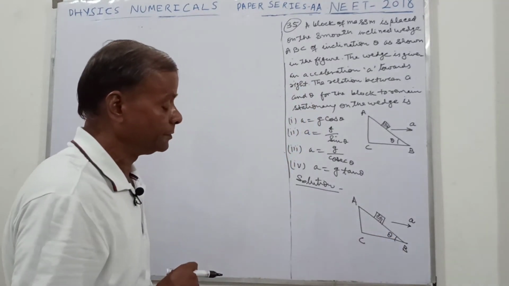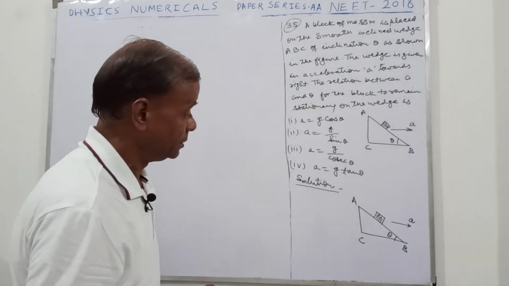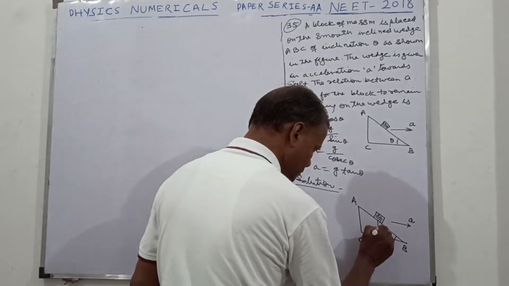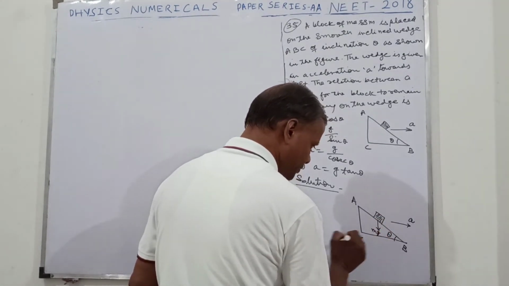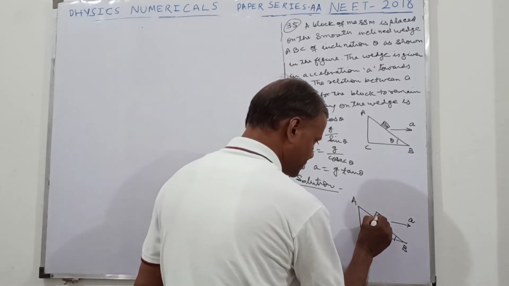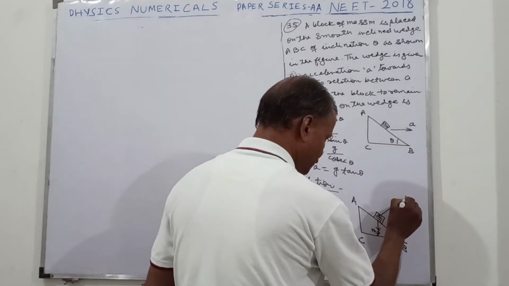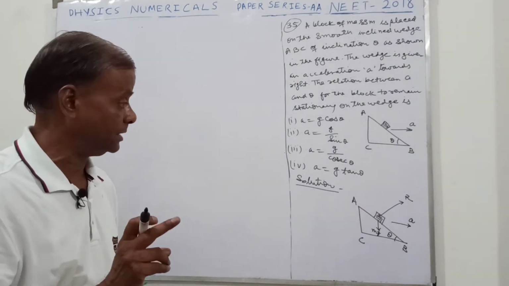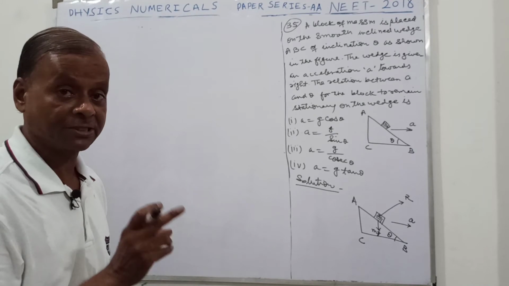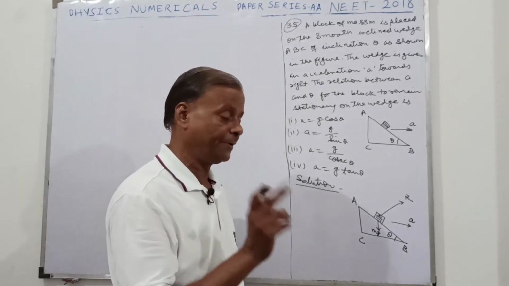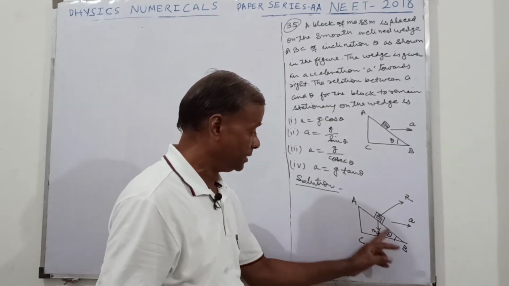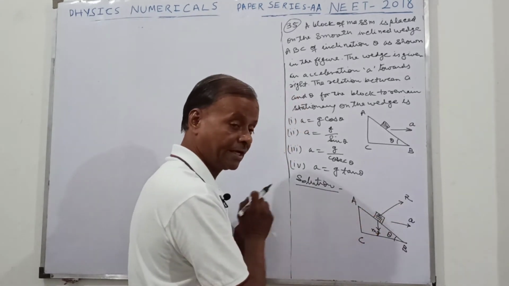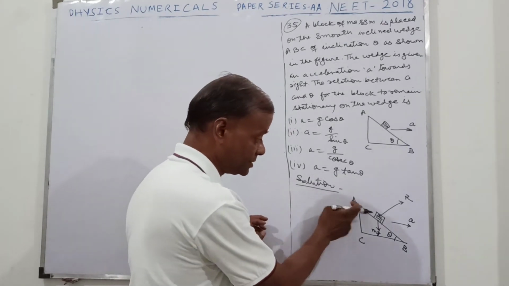There are two forces on this block: one is the weight mg, second is the normal reaction R. Always remember that the normal reaction always acts perpendicular to the base AB.